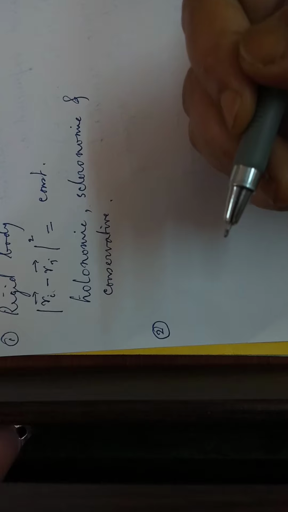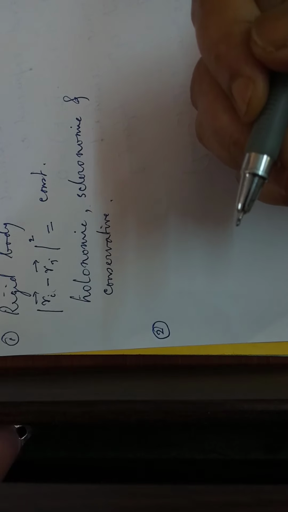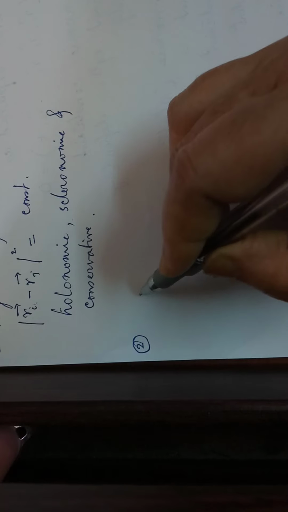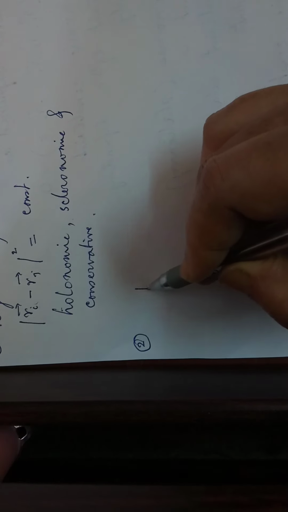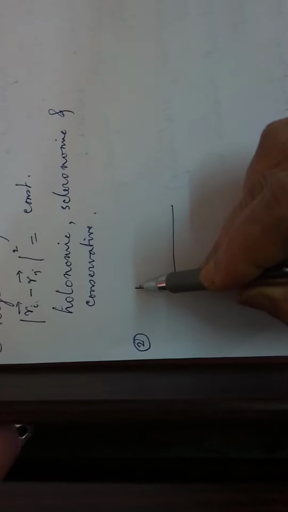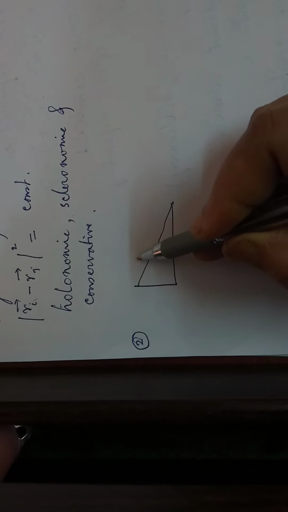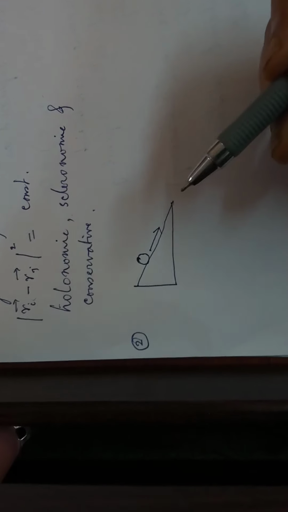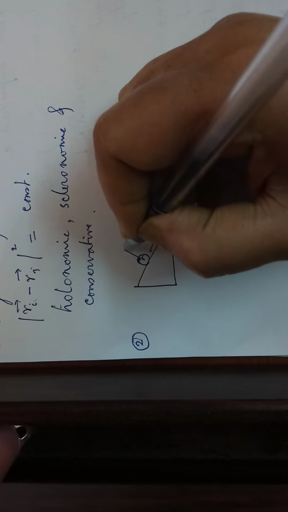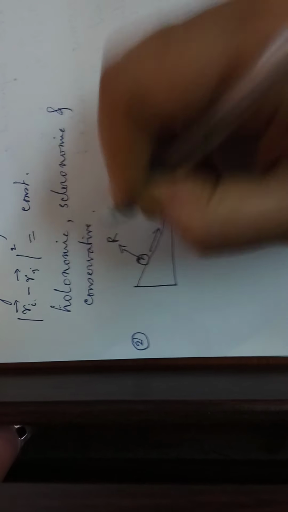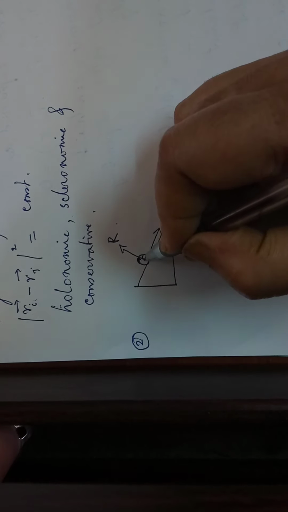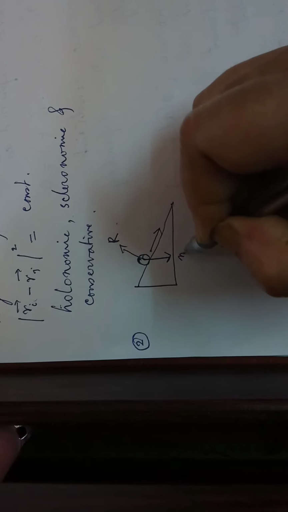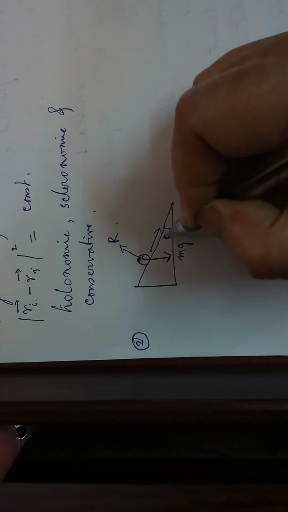For the motion of a body on an inclined plane, suppose a body is moving on an inclined plane under gravity. So suppose you have an inclined plane like this, and a body is moving down under gravity like this. You have the reaction force R acting on the body, and the weight acting downwards, which is mg, and this is your angle theta.